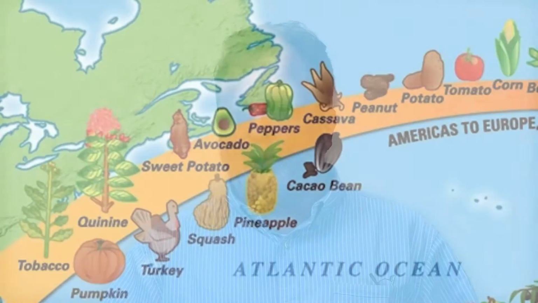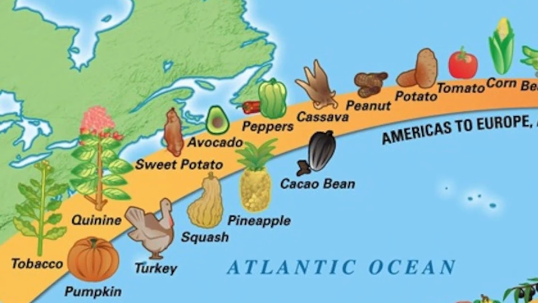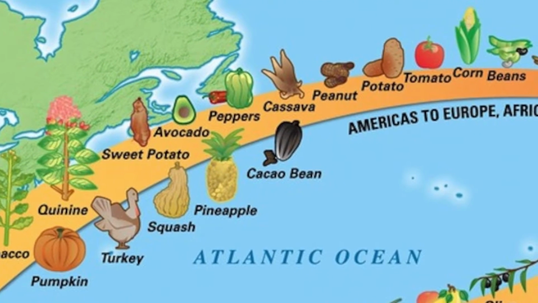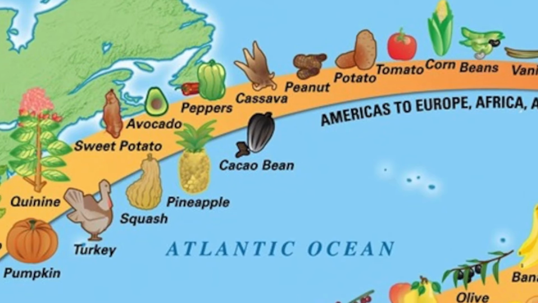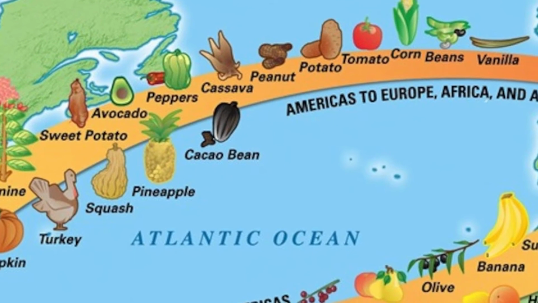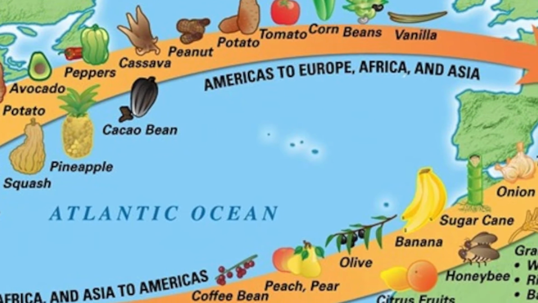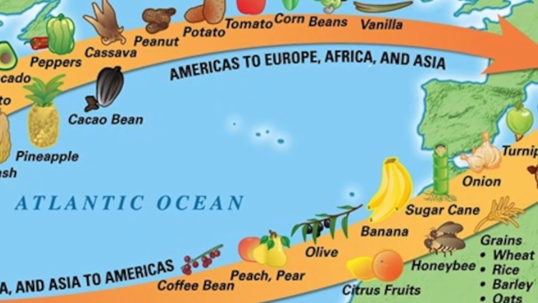Another significance of the Columbian Exchange, it's going to lead to a revolution in human diet. The Old World has food products that people in Eurasia and Africa had never seen, and vice versa. So now we're going to have potatoes and corn and many other things moving from the New World eastward to the Old World.